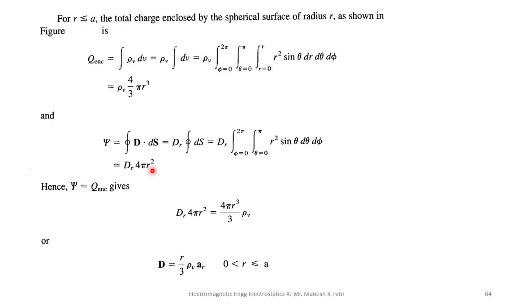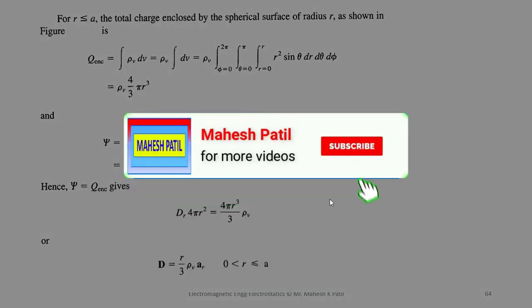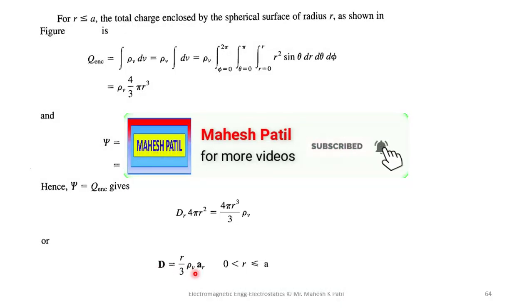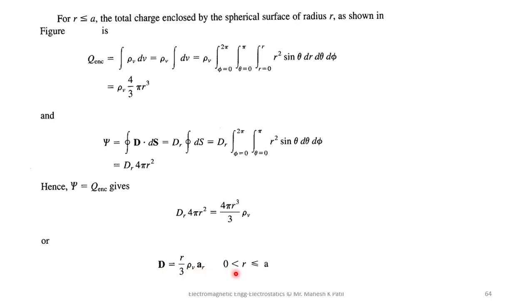Now from Gauss law we can write psi, that is flux, equal to total charge Q. So psi is equal to Q. Now put these Q value and psi value here and simplify for D. We will get D equal to r upon 3 rho v into ar bar. So this is the field density value for r in between 0 to a.